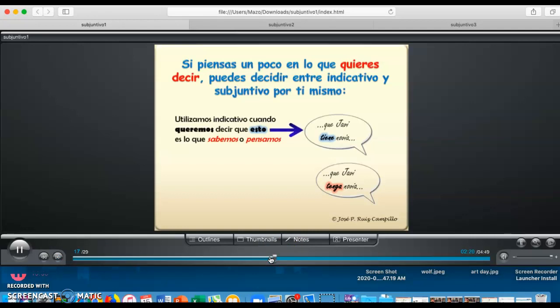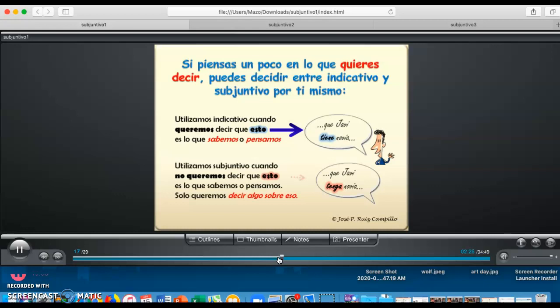So, once again, utilizamos indicativo cuando queremos decir que este es lo que sabemos o pensamos. Do we know or we think, right? In our mind, that's happening, that Javi has a girlfriend, right? Utilizamos subjuntivo cuando no queremos decir que esto es lo que sabemos o pensamos.